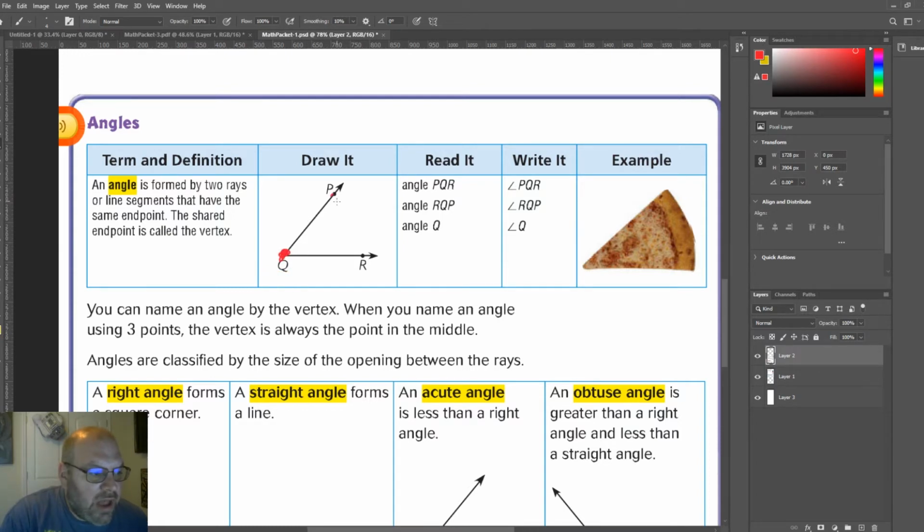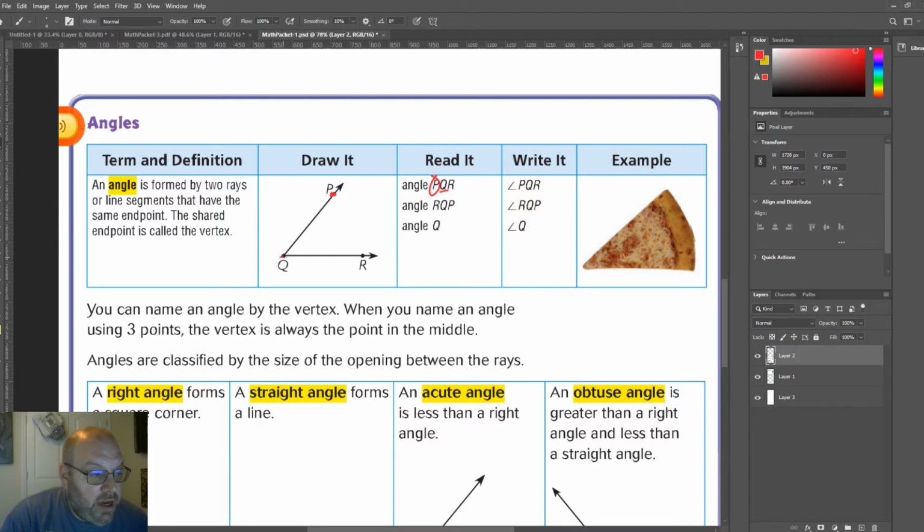It's where the two rays or line segments connect. Okay? And the way we read it is angle PQR. Let's look at how we say it. P is right here.